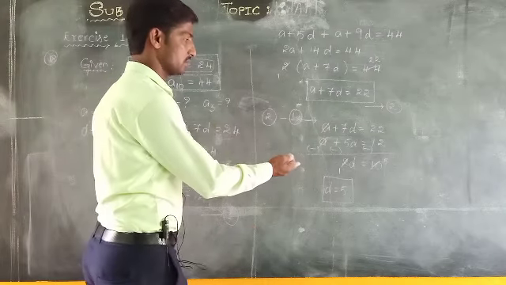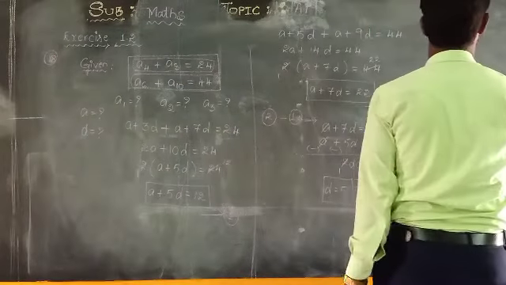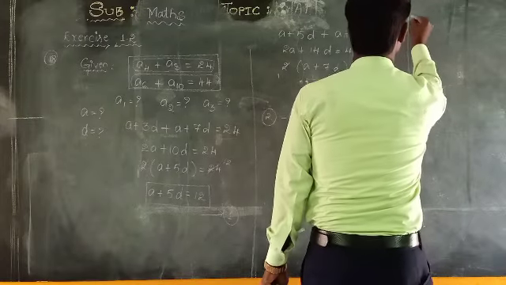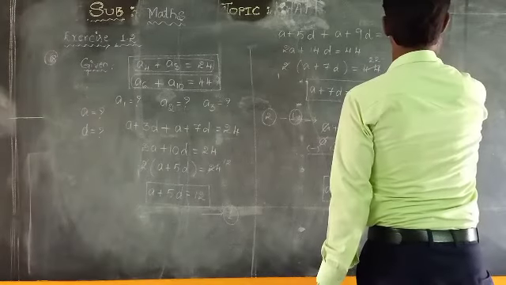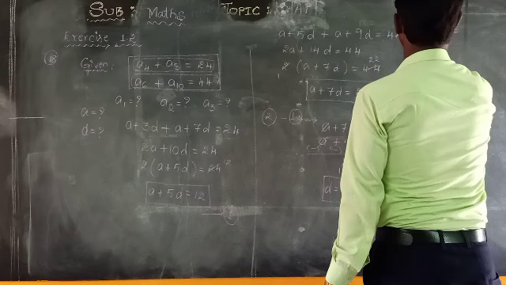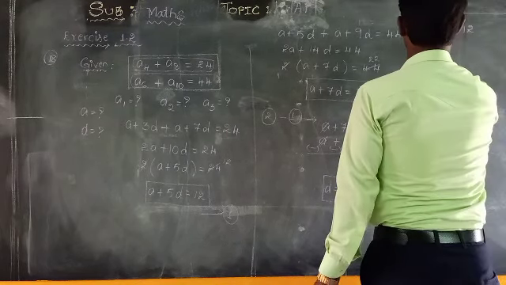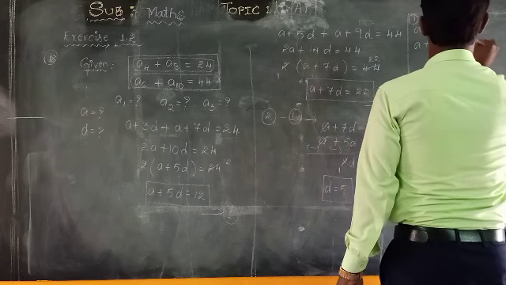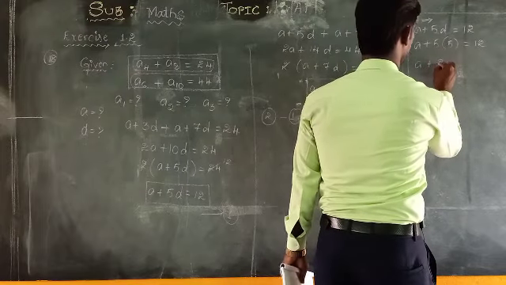So substitute the D value in any one equation and you will get the value of A. I will take equation number 1: A plus 5D equals 12. A value we don't know, plus 5 times the D value, that is 5, equals 12. Then A plus 25 equals 12.